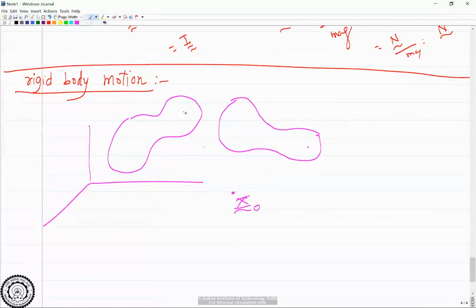And why I said this is because if it is rotating about X naught, then the relative position vector of a point in the body with respect to X naught, that distance will not change. The direction will change, but the distance will be the same.